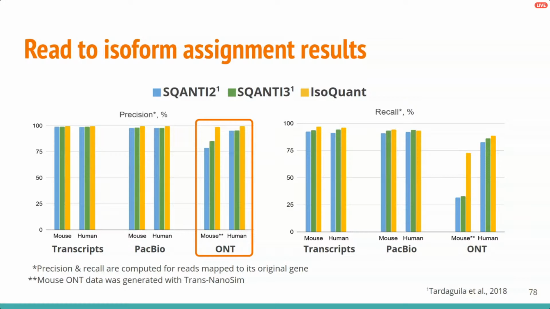The first one, the mouse one, has nanopore specific errors and biases. So you see that both precision and recall are significantly lower for the mouse data set, which means that not only purely error rate is important, but the type of errors is also what makes it hard to work with such reads.